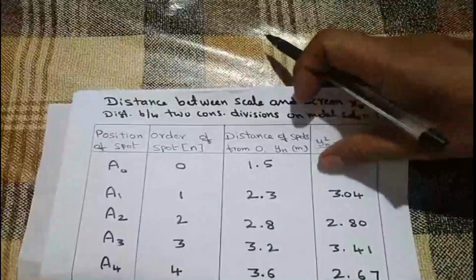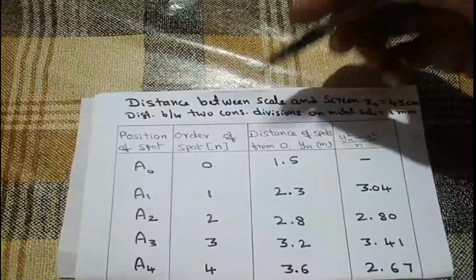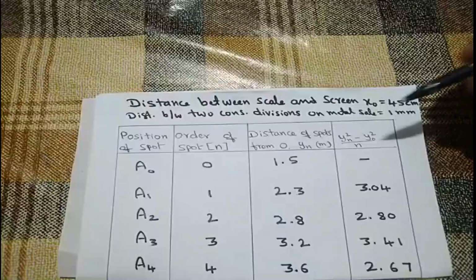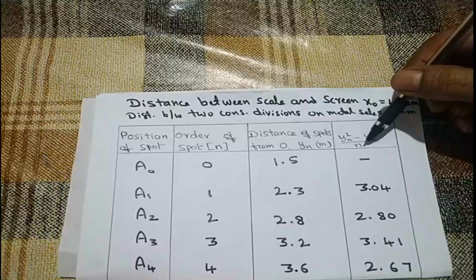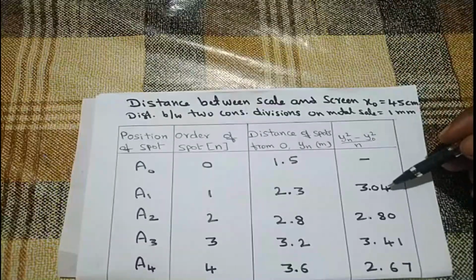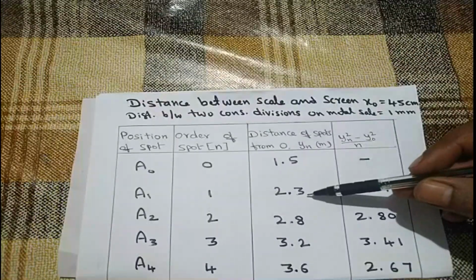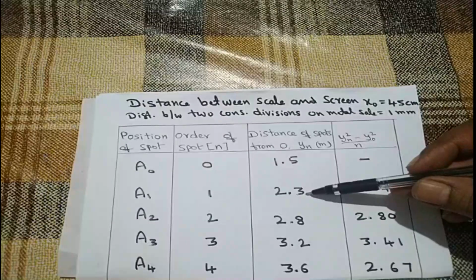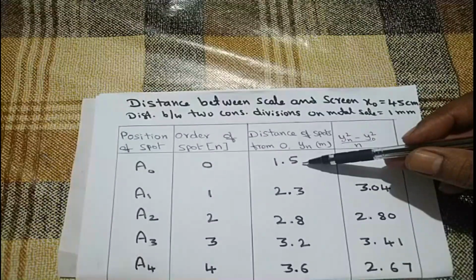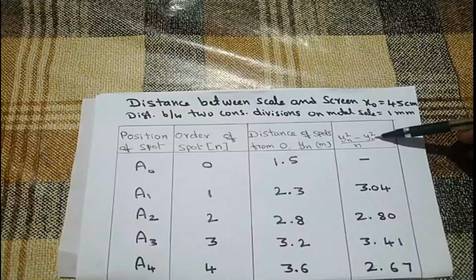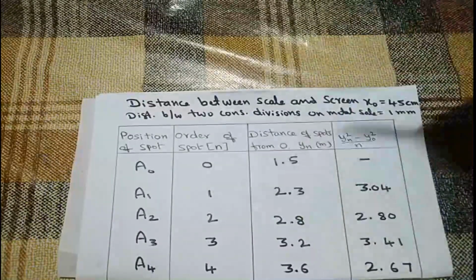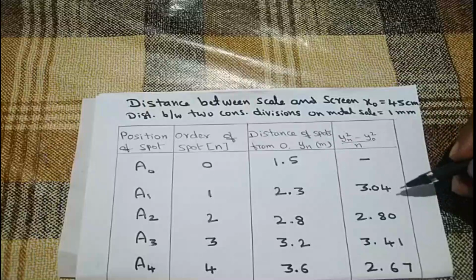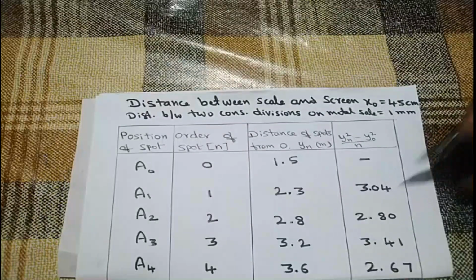Now using these measurements and by knowing the order n of the spot, the calculation required here is yn square minus y0 square by n. The first calculation is y1, that is 2.3 square minus y0, that is 1.5 square, divided by n. First one, n is equal to 1. This calculation gives the value 3.04.